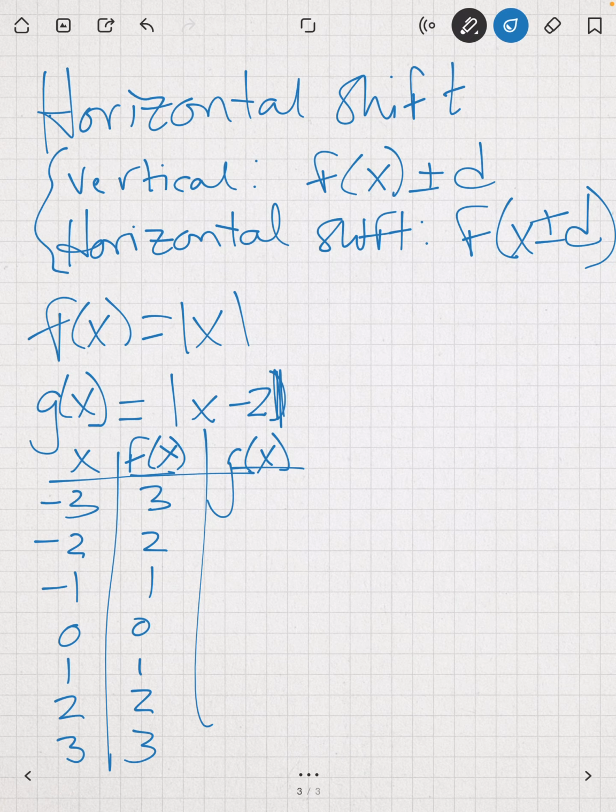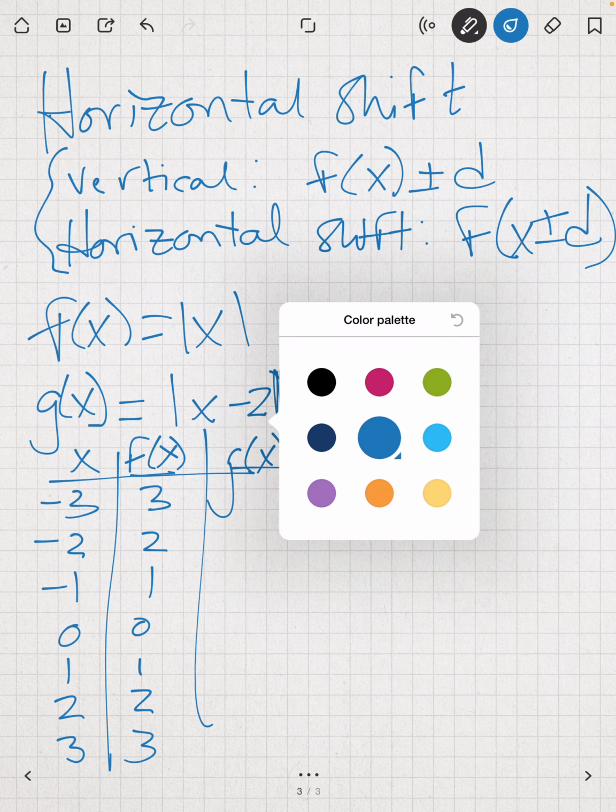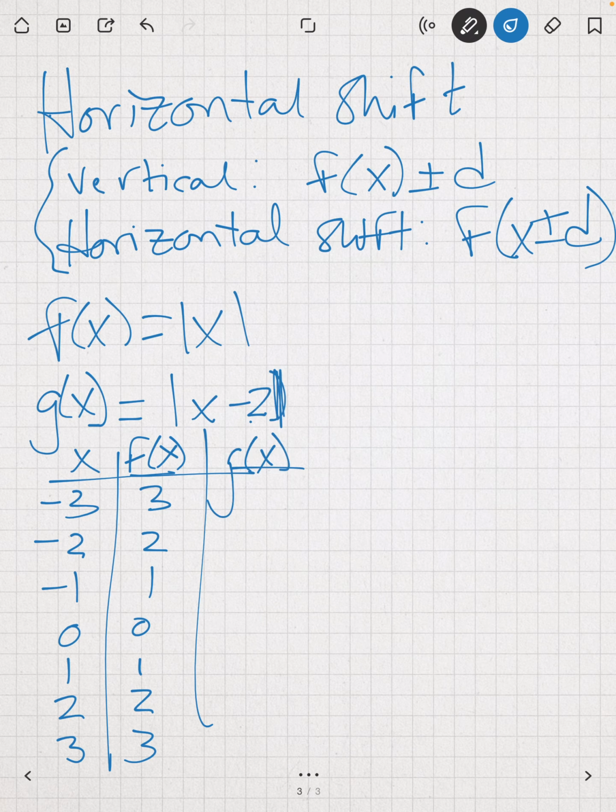But now, if x is -3, -3 minus 2 is -5, and then the absolute value of -5 is 5. And if I have -2 for my x, -2 minus 2 is -4, the absolute value is 4.